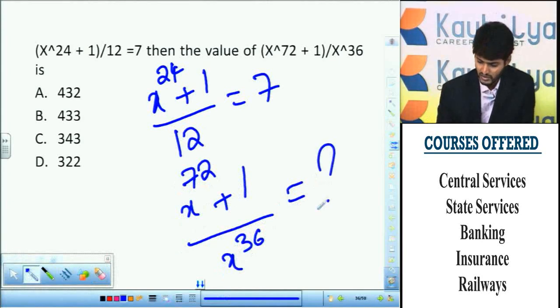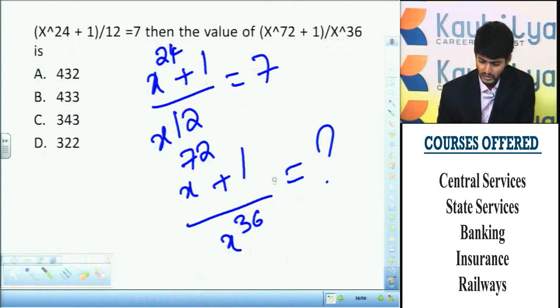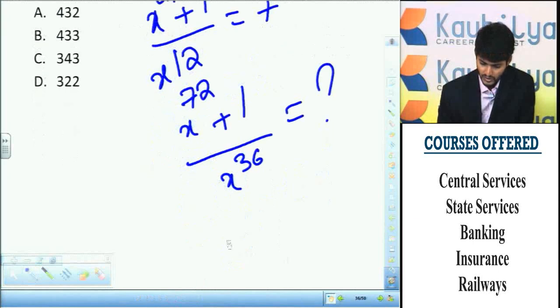Okay, so this is a small correction. Here it should be x power 12. Okay, now this is the given question. Now you would have seen that both the given problems are related using this.